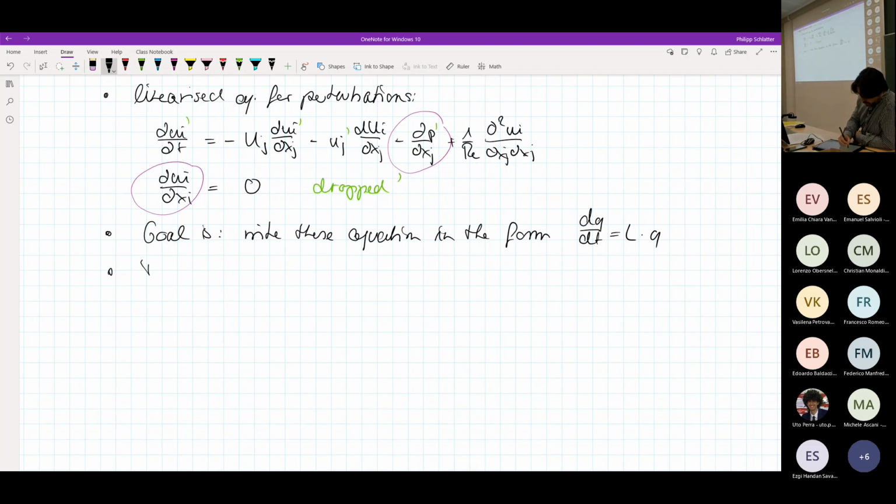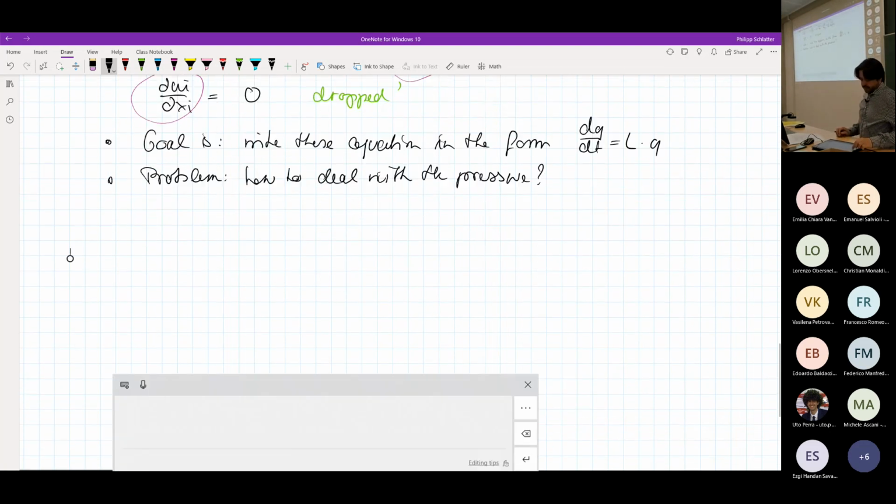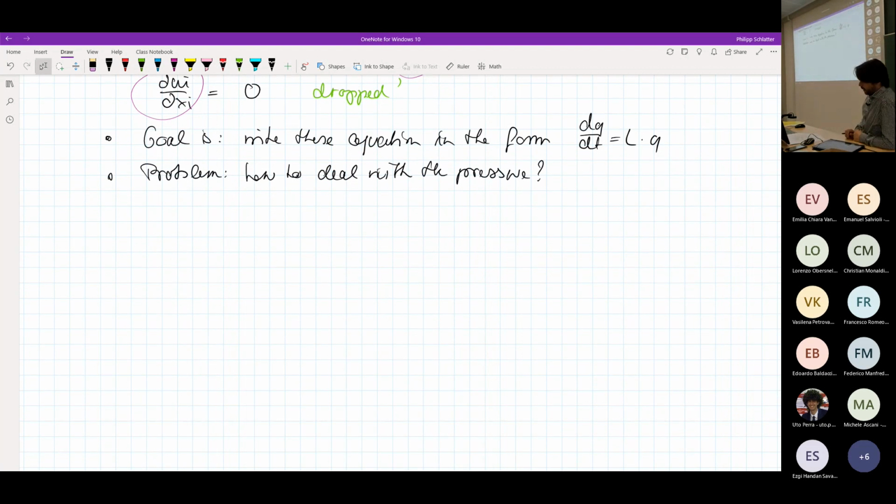So the problem really here is how to deal with the pressure, as always in incompressible flow, essentially. Right. So how do we do that?